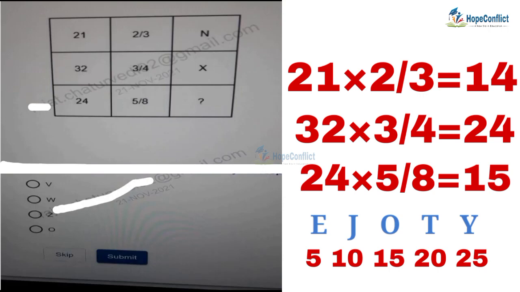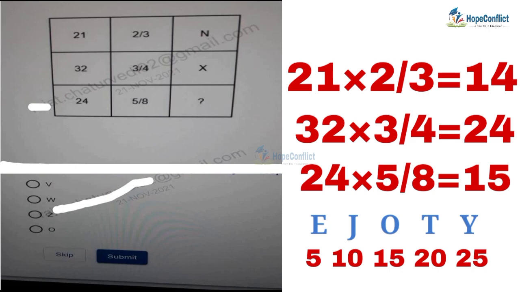the logic here is, if we consider row 1 and multiply the numbers given in column 1 and column 2, then we will get a number for which the corresponding alphabet character is given.